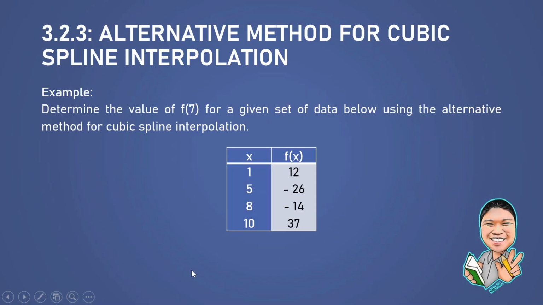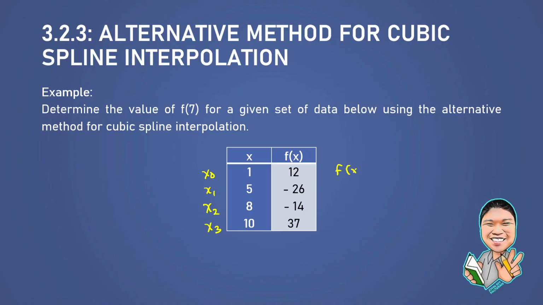So, sige, to illustrate the use of the alternate method, let's solve this example. According dito, determine the value of f of 7 for a given set of data below using the alternative method for cubic spline interpolation. So, of course, for notation, x sub 0, x sub 1, x sub 2, and x sub 3.